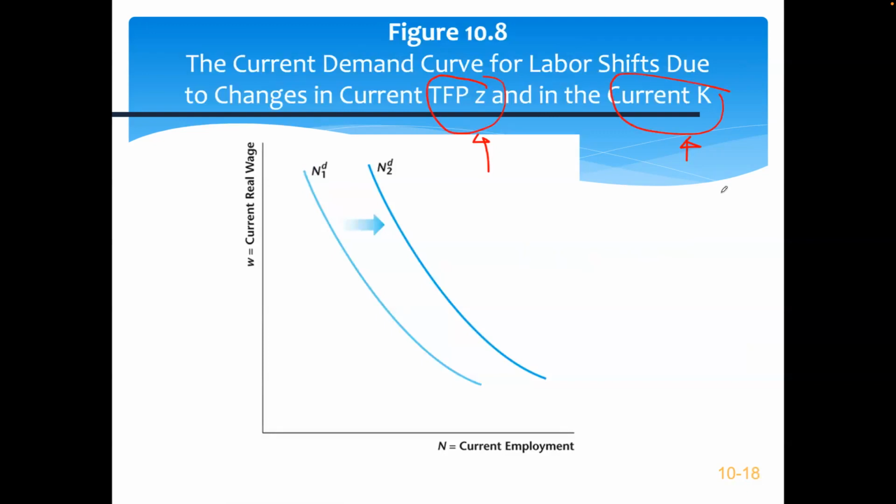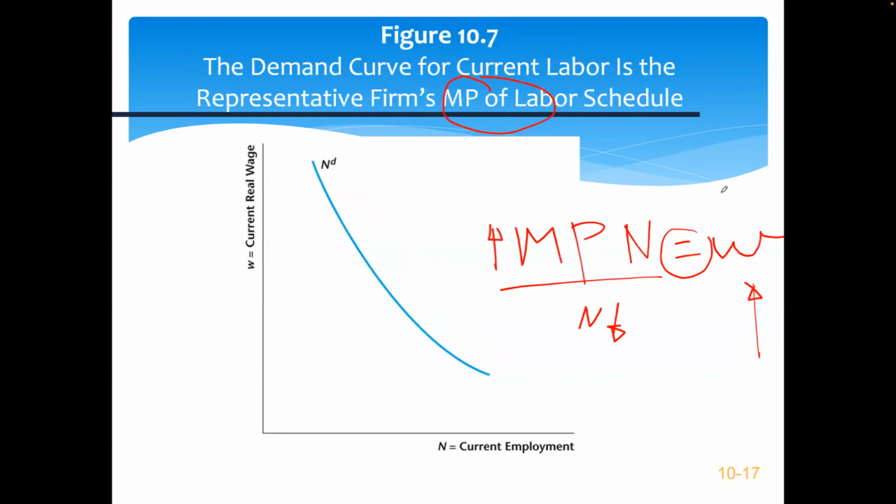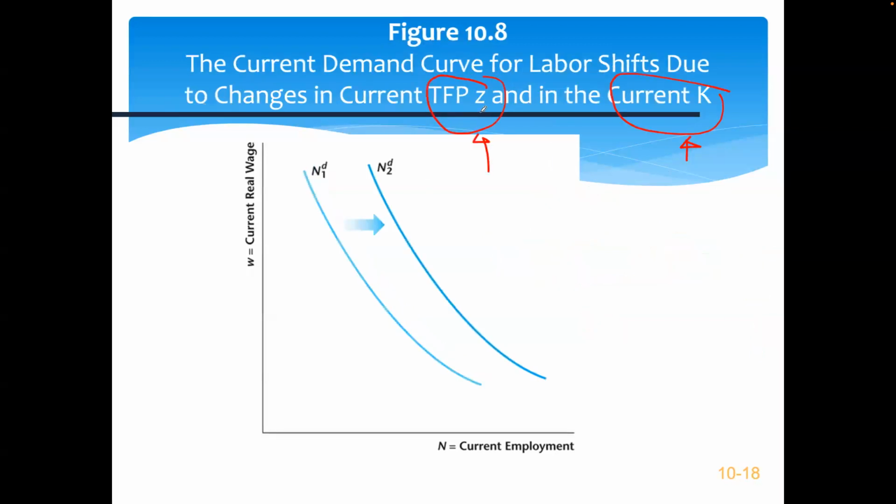Now if there's an increase in marginal productivity, that allows you to hire more labor. Remember in the previous slide, if the wage is fixed and the marginal productivity increases, in order to keep this equal, you're trying to bring this down. How can you bring this down? You're going to hire more. Or in other words, like I just said, this Z increase and K increase is going to allow you to hire more at the same wage, not because the marginal productivity of your worker increased.